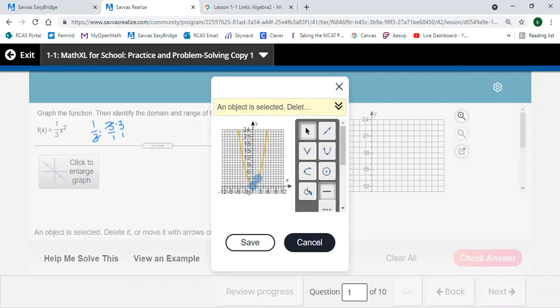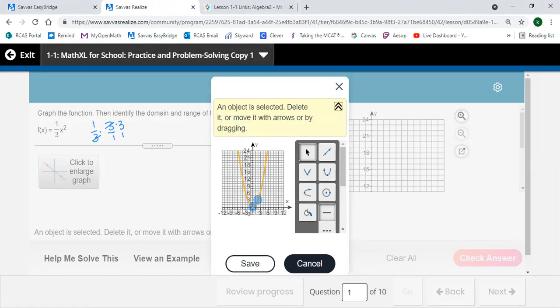Oh, I don't think that hit 3, 3. Let's clear this if I can. Wish I could make this window a little bigger. It's just smaller than I want. So I don't want to save this. An object is selected, delete it or move it.